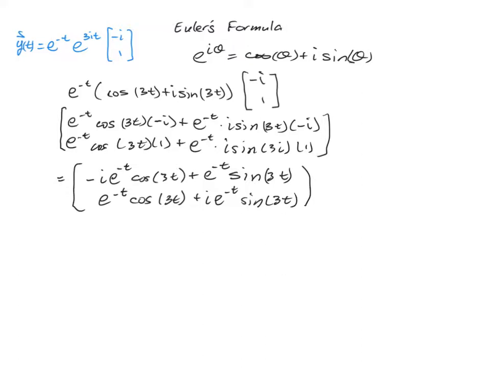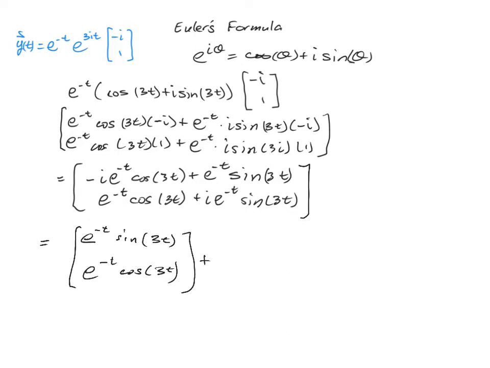All right, and again, that's just one single vector. So the next thing we have to do is break up this vector into two parts. We're going to break it into the real part and the imaginary part, and that will give us two separate vectors. So for the real part of this, we're going to have an e to the negative t sine of 3t, and then an e to the negative t cosine of 3t.